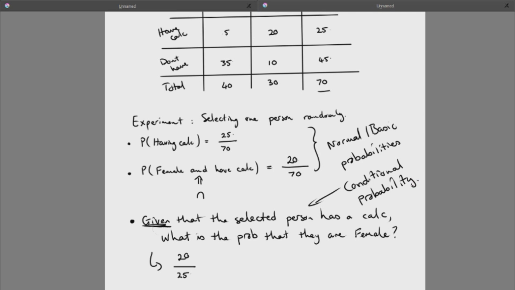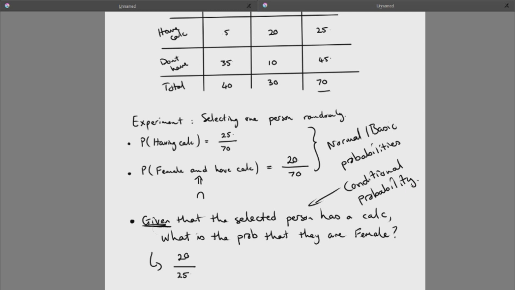There is some extra condition, some extra information that I know, which affects the chances of getting what I'm interested in. It changes that bottom number. It's not 70 anymore, because I incorporate that extra information, and it changes the chances of getting the person, the event, the restriction that I'm looking at.